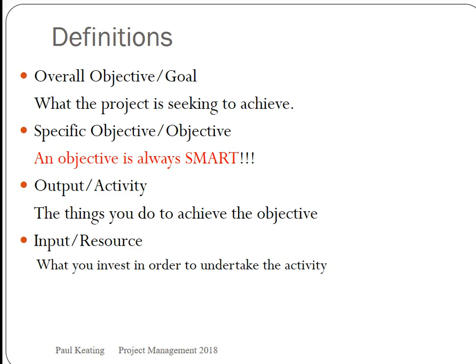Oftentimes, once you move beyond 7, it overcomplicates the achievement of the project. So an ideal number of specific objectives would be around 5. You don't want to go much more than 5.